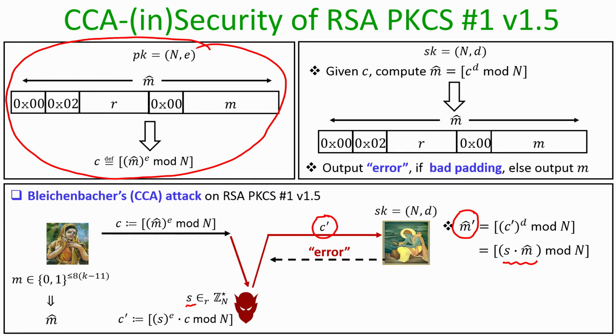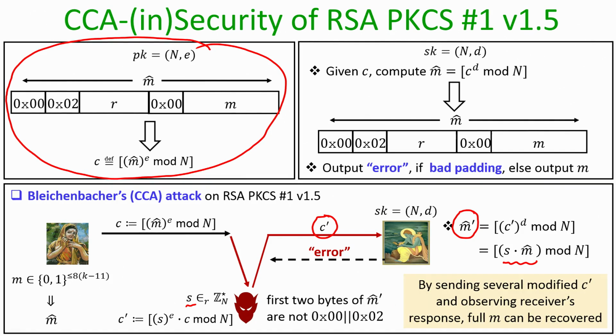If the receiver finds that the padding is not in the correct format, then the receiver is going to throw an error message, and if the adversary sees that, it gets the information that the first 2 bytes of the recovered message m hat prime are not the byte value 0 followed by the byte value 2, because only then would the receiver have thrown the error message.